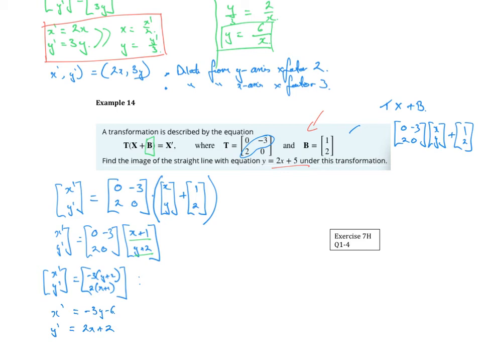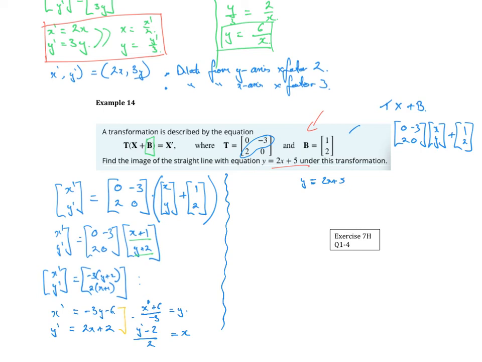And we're going to do exactly the same thing now. I've got an equation I've got to apply it to. But first I've got to work out what the y term is and what the x term is. So if I rearrange these, I'm going to get x dashed plus 6 over negative 3 is equal to y. And I'm going to have y dashed minus 2 over 2 is equal to x. Yeah?